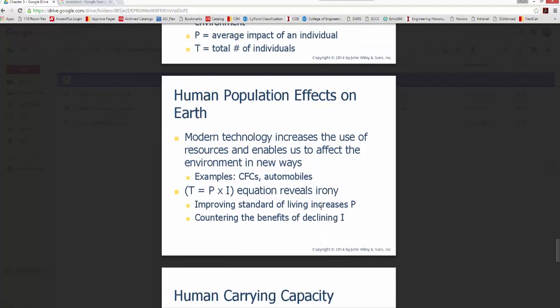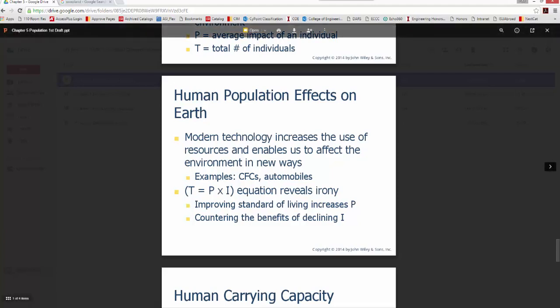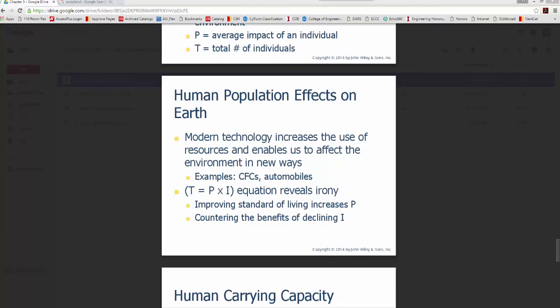So we know that basically as a society begins to modernize, begins to industrialize, we begin to use more resources, and by doing that we greatly enhance the impact we have on the environment. Your textbook talks about chlorofluorocarbons. Chlorofluorocarbons were used as a propellant of underarm deodorant back in the 70s. CFCs were used in the 70s and 80s as refrigerants in your air conditioners.